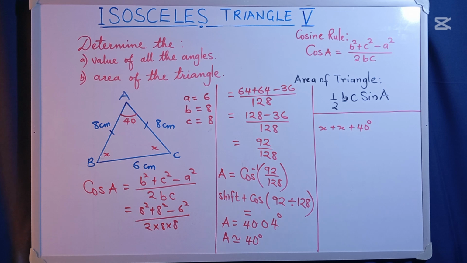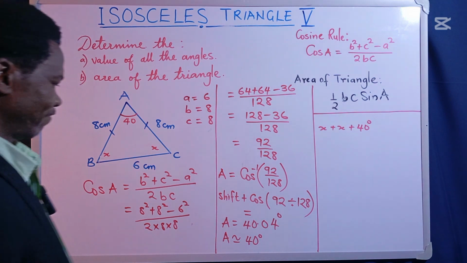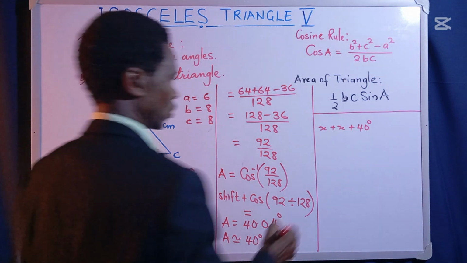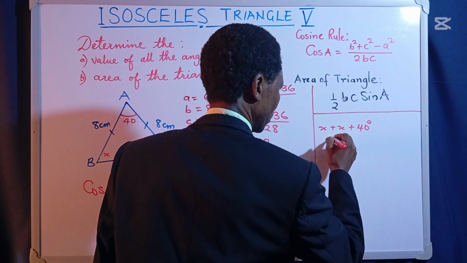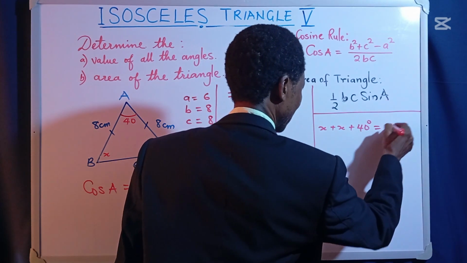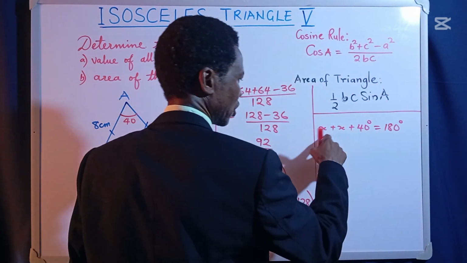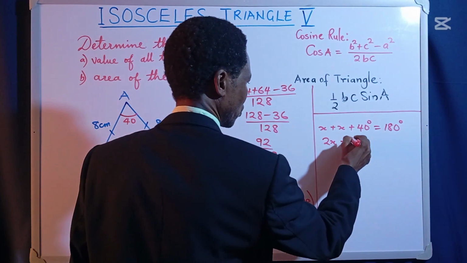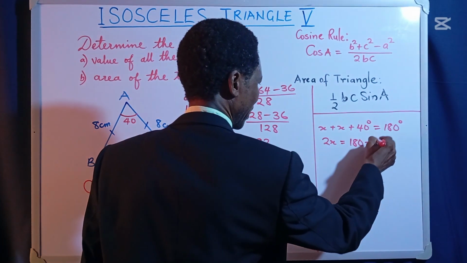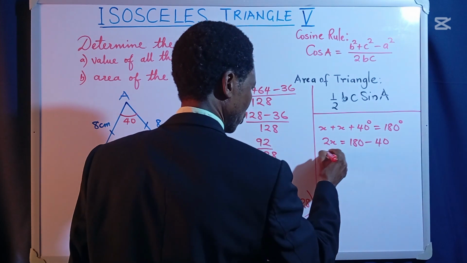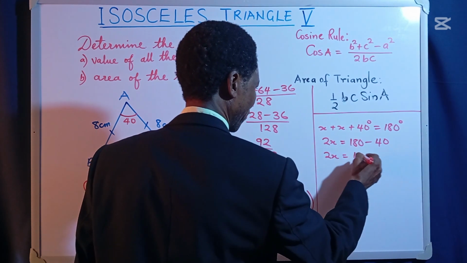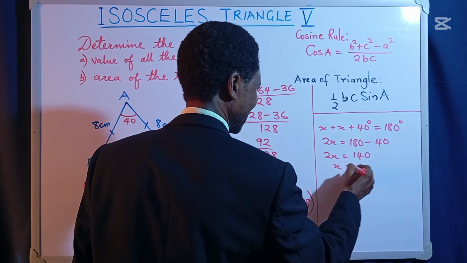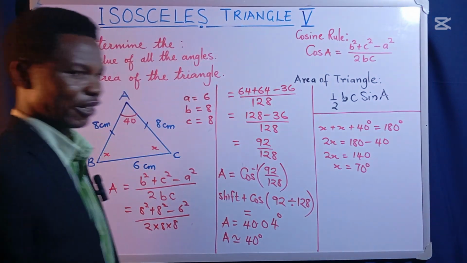x plus x plus 40 is equal to 180 degrees, the sum of angles in a triangle. Then 2x equals 180 take away 40, so 2x equals 140. x is equal to 70 degrees.